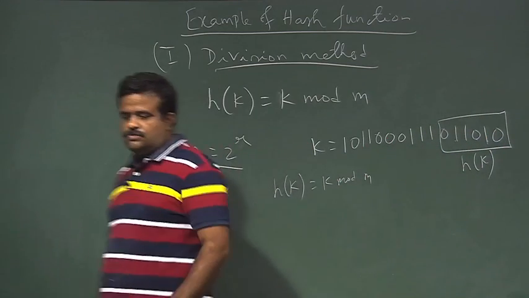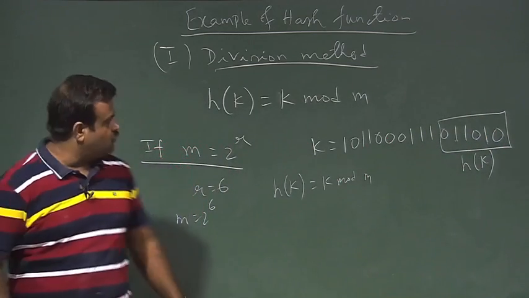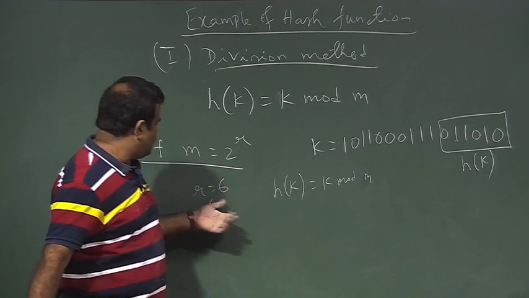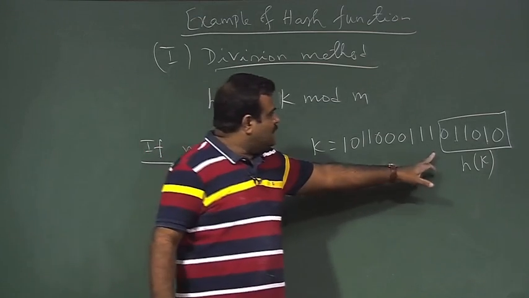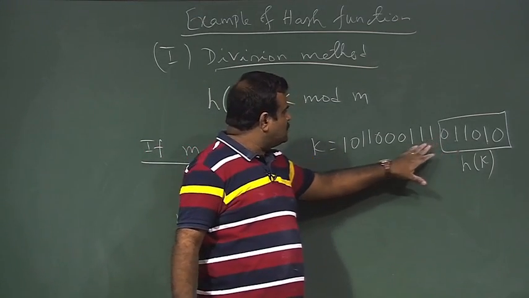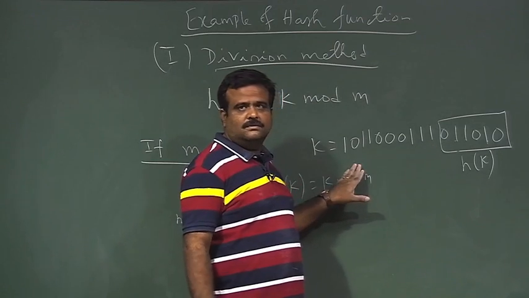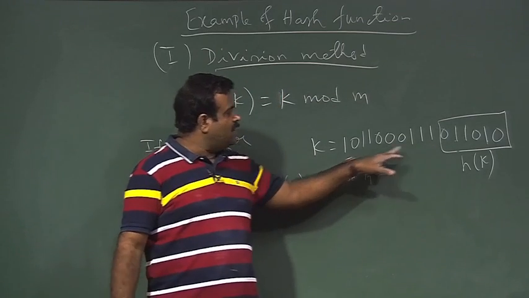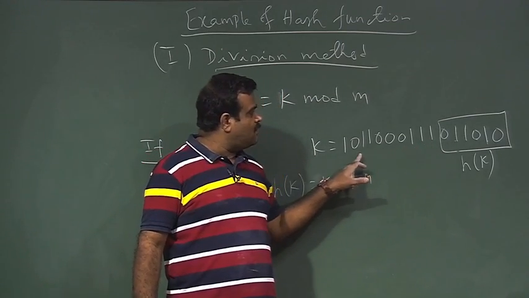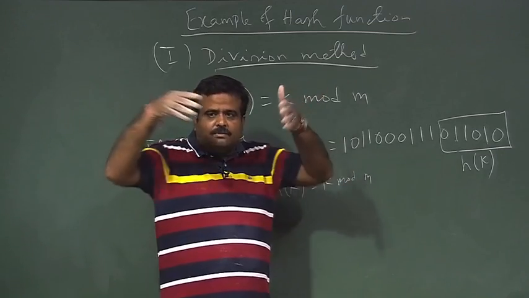If we choose m to be 2 to the power r, here r is 6, then it does not matter what the values of the other bits are. If any of those bits differ, they all collide to the same slot.